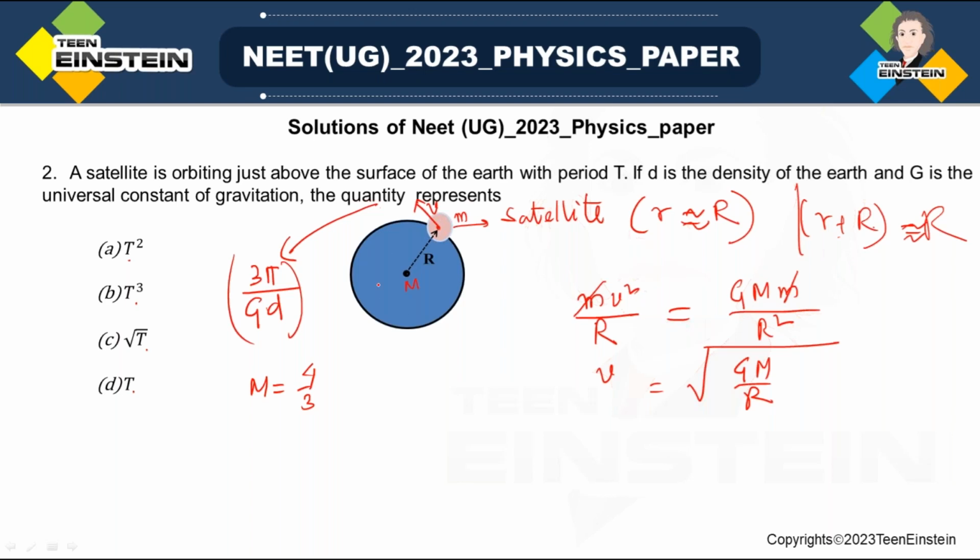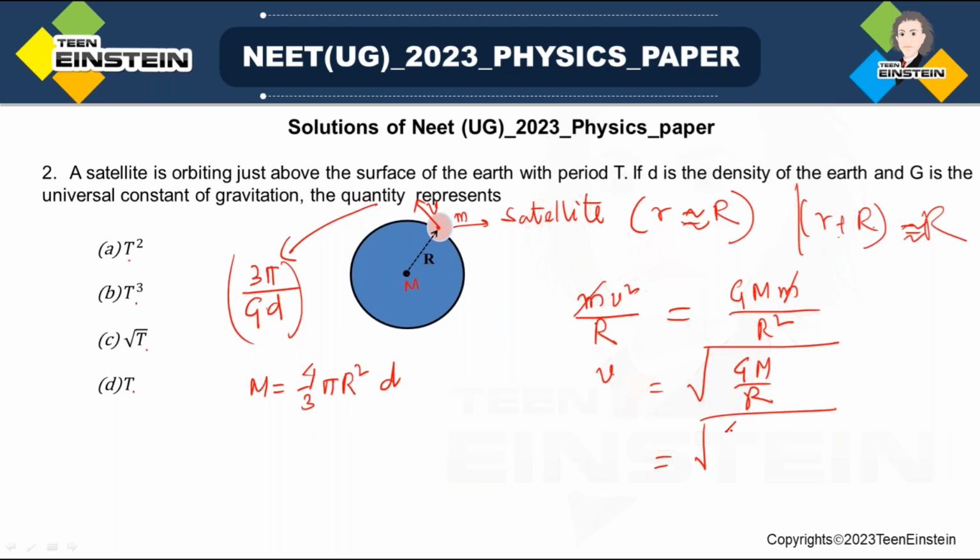We have considered the Earth as a solid sphere of radius capital R, so mass is volume, 4 by 3 pi R cube, into d, the density. If we put it here, let us see what we get.